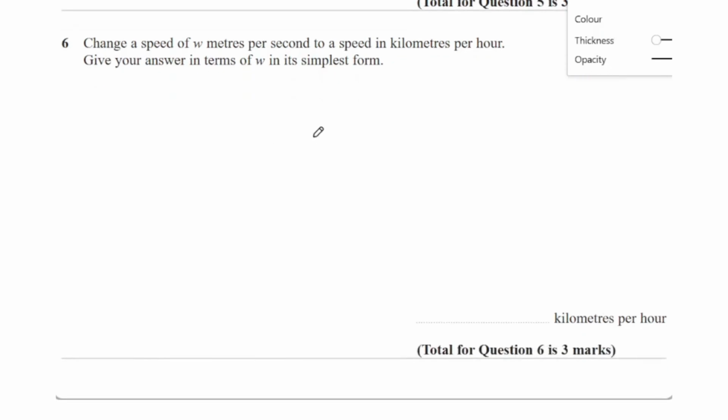Question number 6 says, change a speed of w meters per second to a speed in kilometers per hour. So what we are converting, we have something w in meters per second. We need to convert w into kilometers per hour. That's the question.